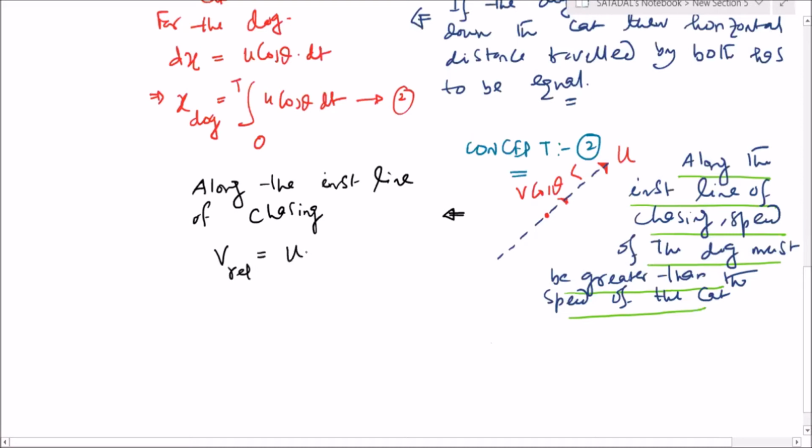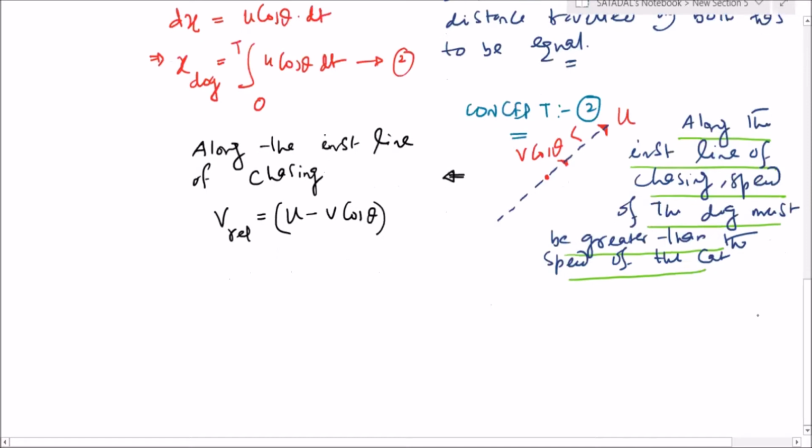It is u minus v cos theta. Correct? Along the instantaneous line of chasing, V relative is equal to u minus v cos theta. So I am writing minus dl is equal to V relative into dt.